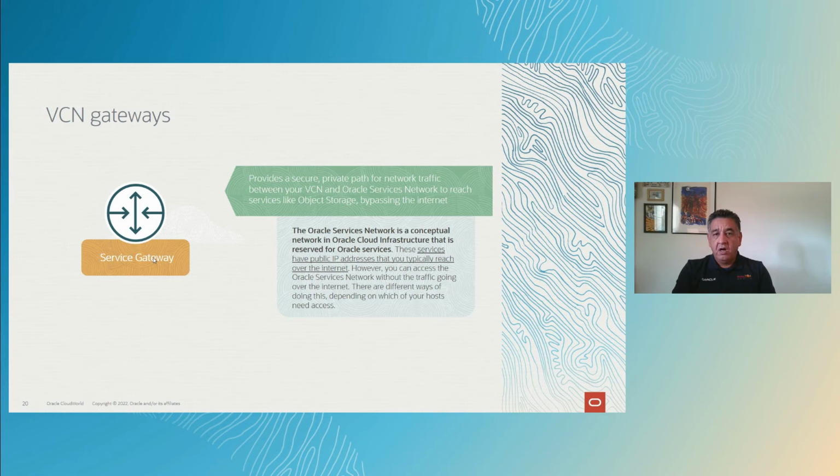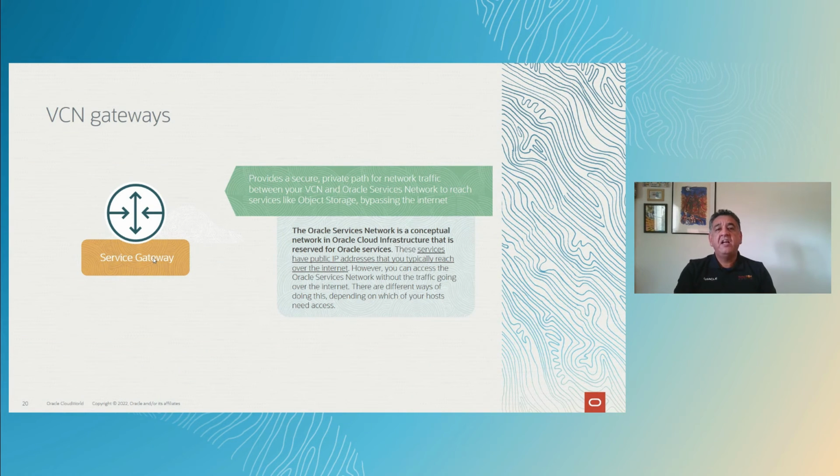But if you are already on OCI and need to reach one of these services, there's no need to go over the internet gateway, because that means you're going out to the internet, then coming back from the internet to the autonomous data warehouse or to the object storage. And once you retrieve the resource, you go back over the internet and come back again.